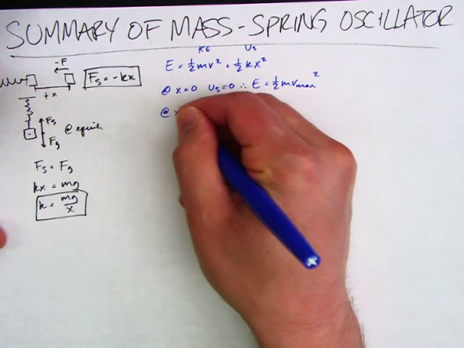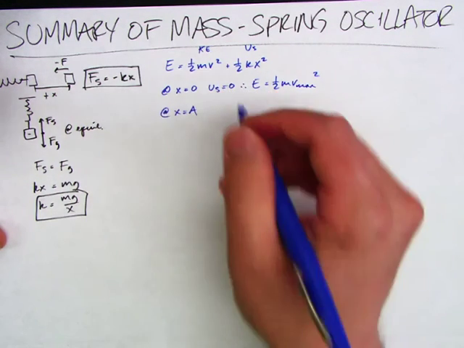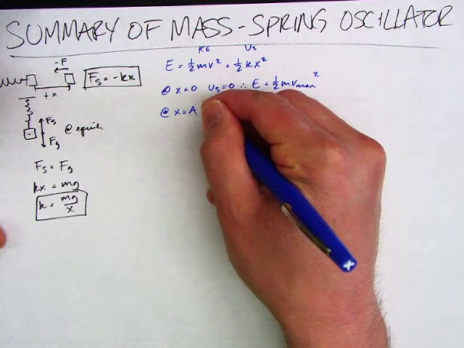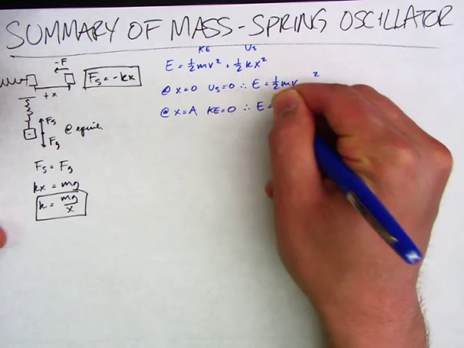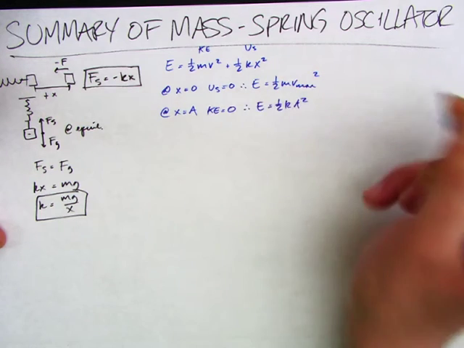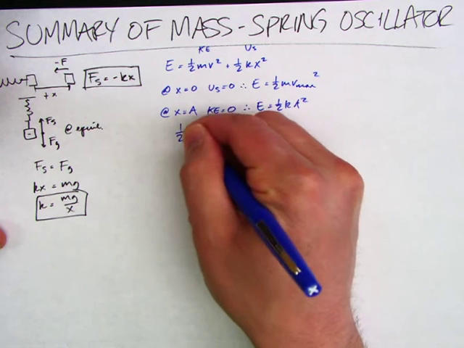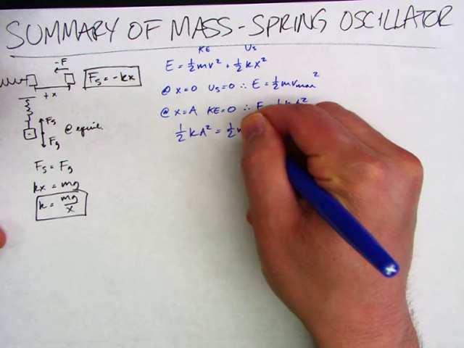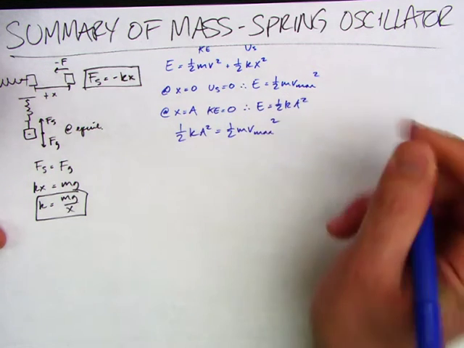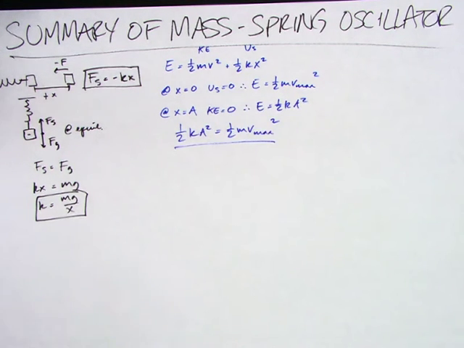And at x equals A, maximum displacement, KE equals 0. Therefore, energy equals 1/2 k A squared. So one thing we can say from energy is that 1/2 k A squared has to equal 1/2 m v max squared. That's a true statement. So those are ways where we can apply energy to the spring oscillating system.